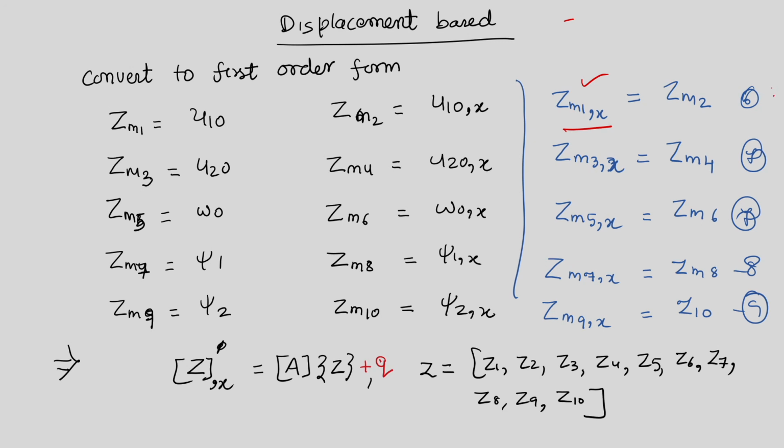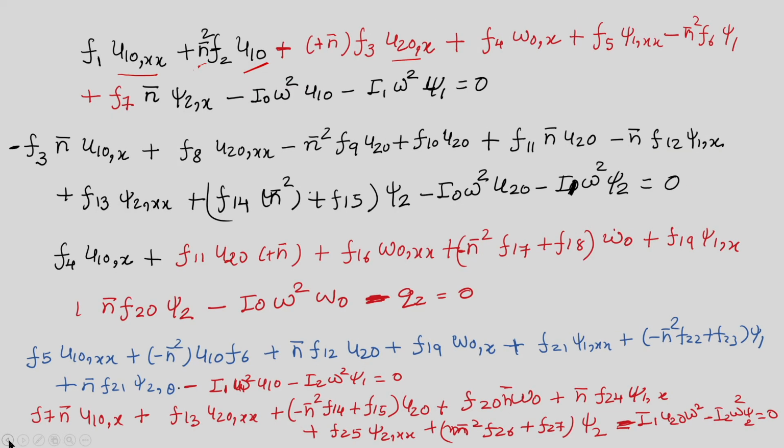In this way we will get the 5 identity equations from here, and in this equation basically u10 comma x, the first order derivative, will be Zm2.